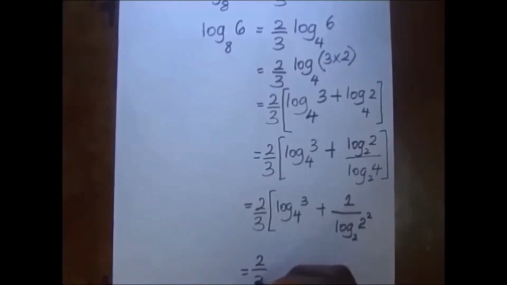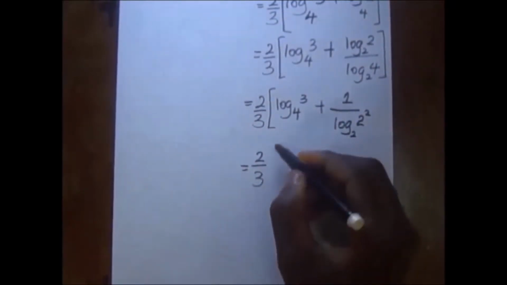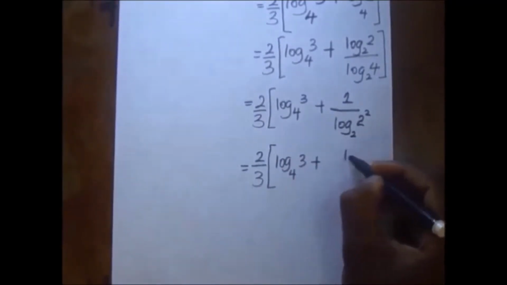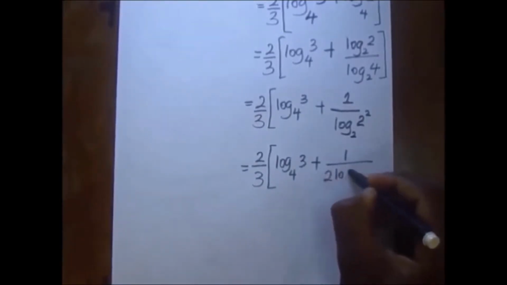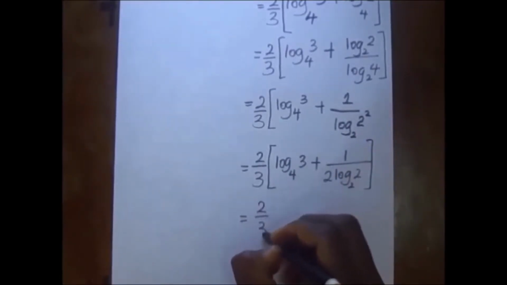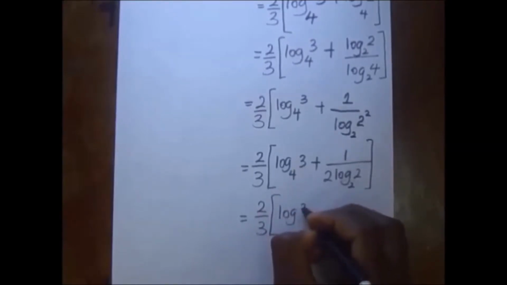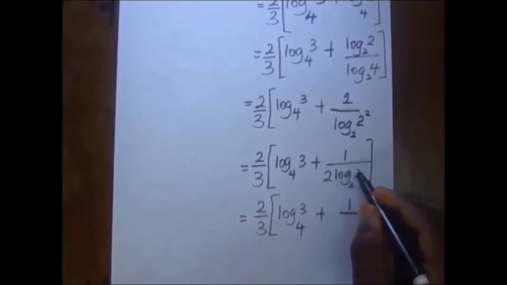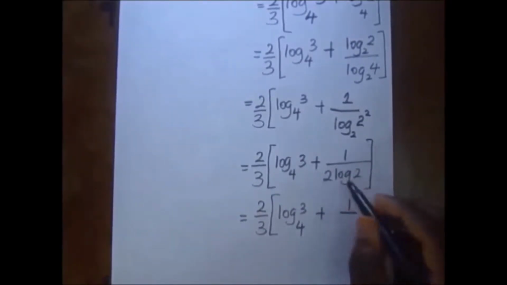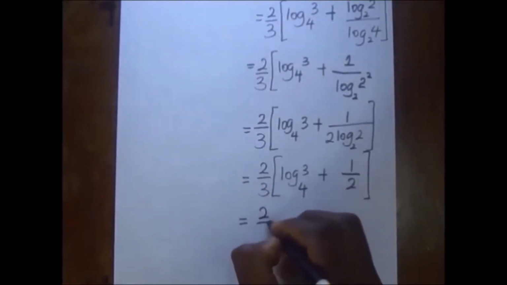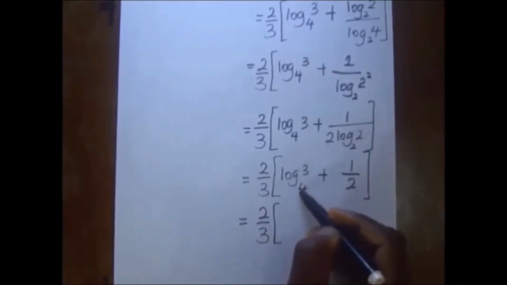It's the same as saying 2 over 3 into the log of 3 base 4 plus 1 over 2 log of 2 base 2. This 2 comes there from our laws of logarithms. So this becomes 2 over 3 into log of 3 base 4 plus 1 over 2, since log of 2 base 2 is 1. It's a half.